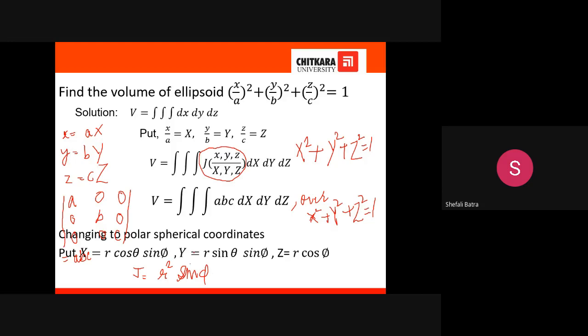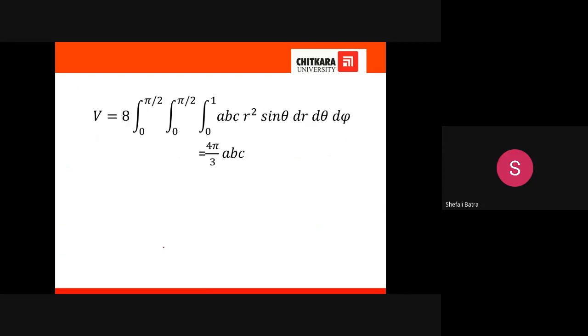So now capital dx, capital dy, capital dz will be replaced by the Jacobian dr d theta d phi. So abc, Jacobian r square sine phi because I have chosen phi here, dr d theta d phi.